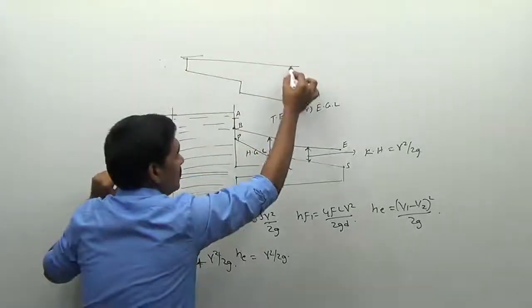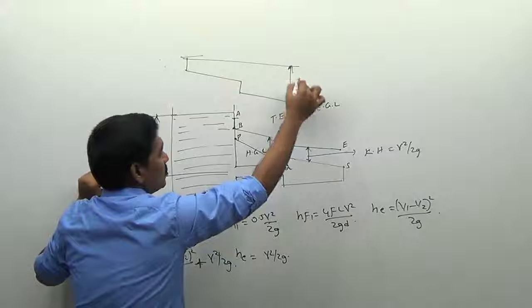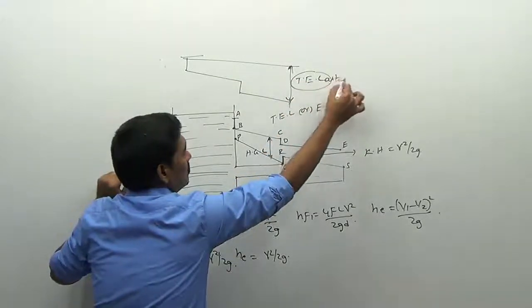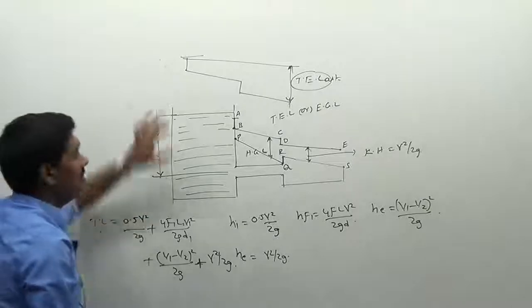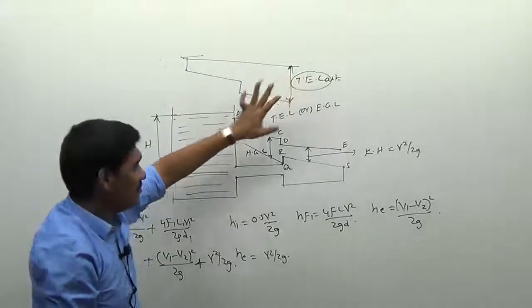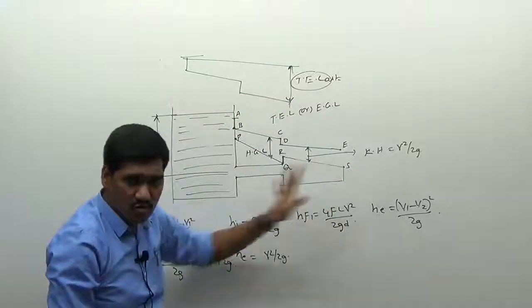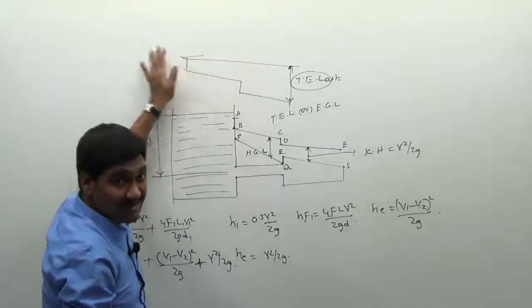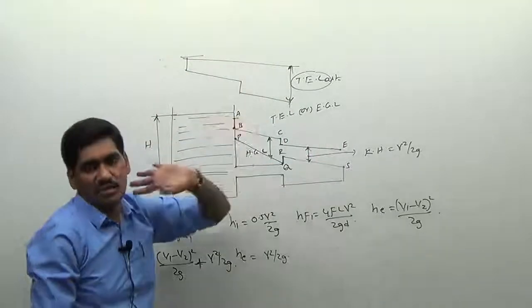So this is the total energy lost, I can say. This total energy lost is due to a number of reasons. Therefore, in the direction of flow, the total energy line always drops down. That is the conclusion.